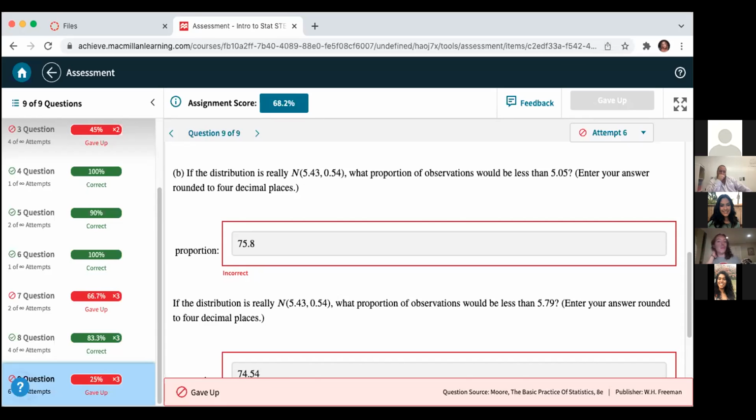I think maybe why I was confused is because my calculator is different. Yeah, you have to adjust it your way, but all I know is the mean is 5.43, sigma is 0.54, negative infinity to 5.05 to 4 decimals should give you 0.2408.